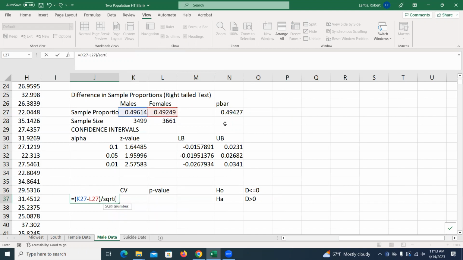I'm then going to take the square root of that weighted average P bar times 1 minus P bar, and then multiply that by 1 divided by group 1 sample size plus 1 divided by group 2 sample size. All I'm doing is using Excel to be my calculator.